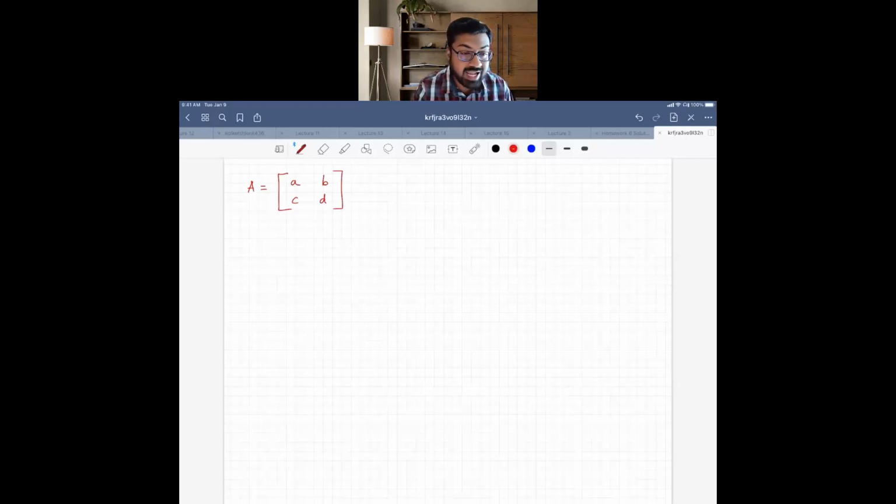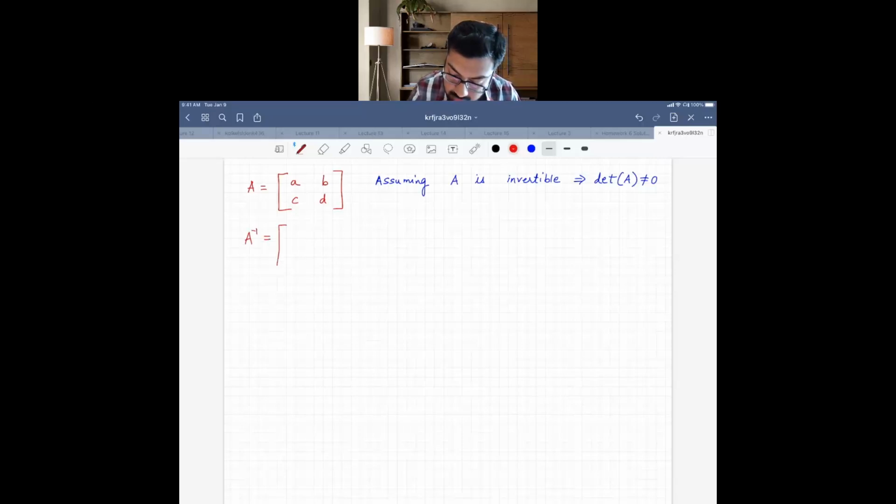And I'm assuming that A is invertible, which implies that determinant of A is non-zero, then I can write A inverse. What is A inverse going to be?